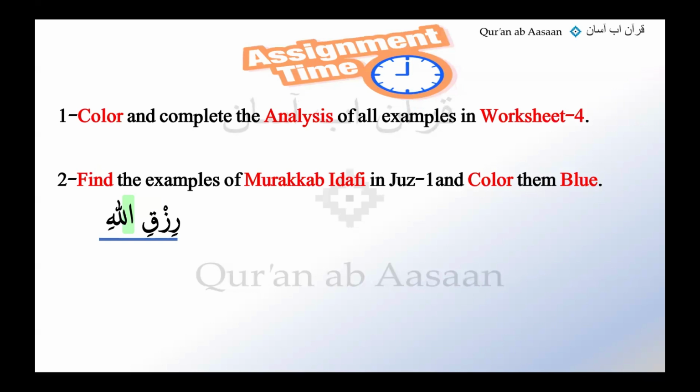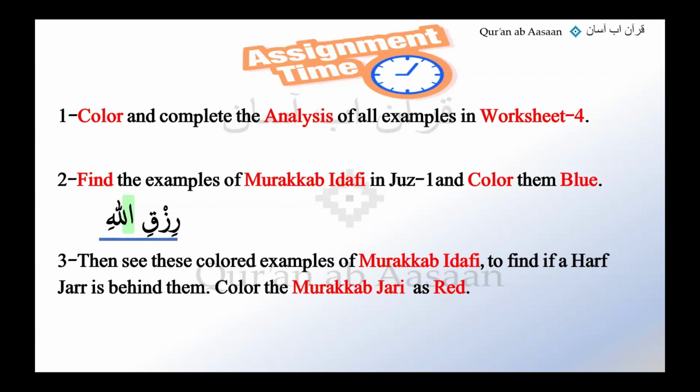Okay, excellent. Once you are done with this activity, this assignment at point two, what are we going to do next? What did we learn after that in the class? What was the order in the class? Once we know that all the murakkabe idafis are identified, then we are going to look at all of them and look for a harf jar behind them. Then we know that there would be a combination of murakkabe idafi and murakkabe jari, and we are going to color the murakkabe jari red as we learned in the class.